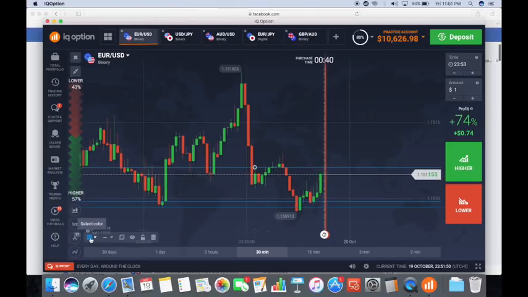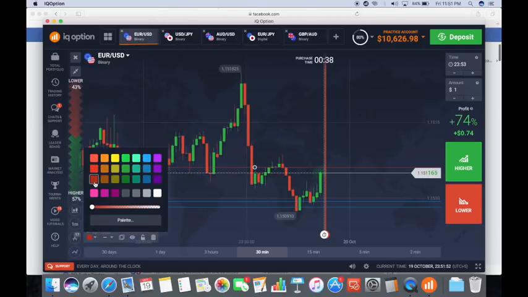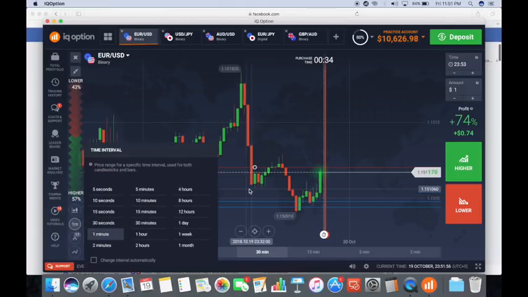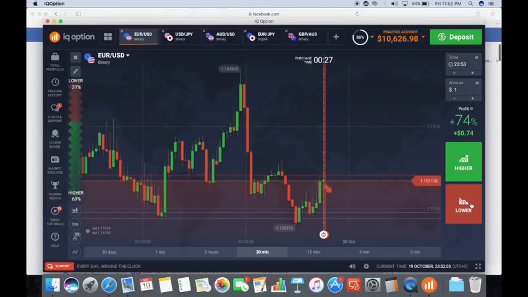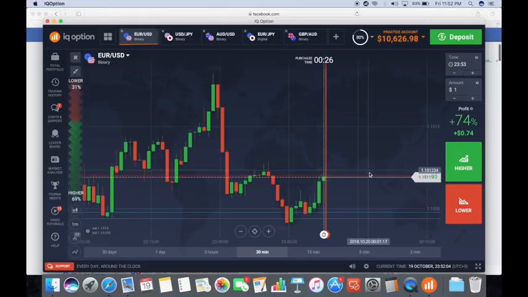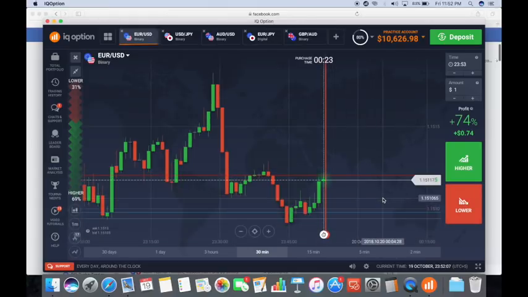This is a supply zone. The red line is a supply. Okay, so I'll draw another line. I'm waiting for the rejection from this line.